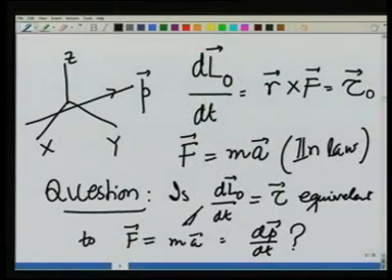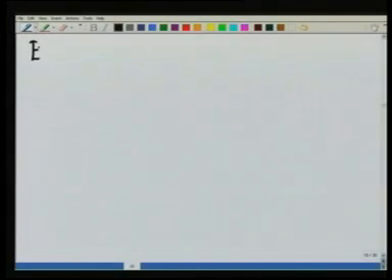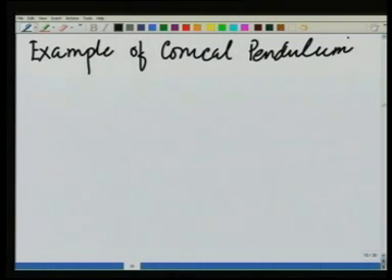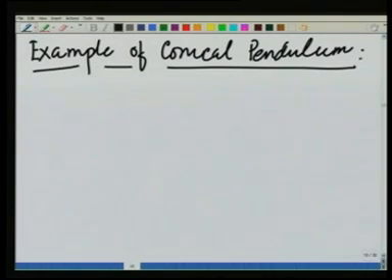So, let us do that. Let us take the example of a conical pendulum. This is a nice example to illustrate the angular momentum concept and its derivative.